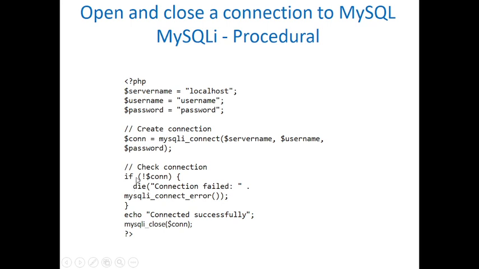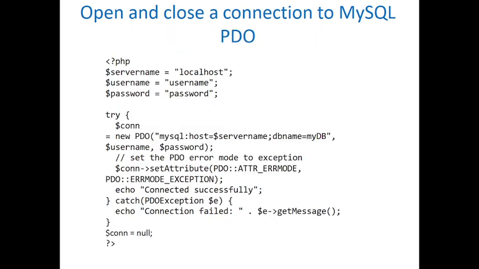So if there is any exception, you can catch that exception and display the message: what is the reason for not connecting to the database? That is the advantage you have when you use PHP data objects.